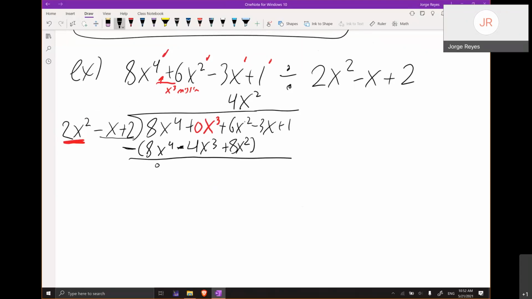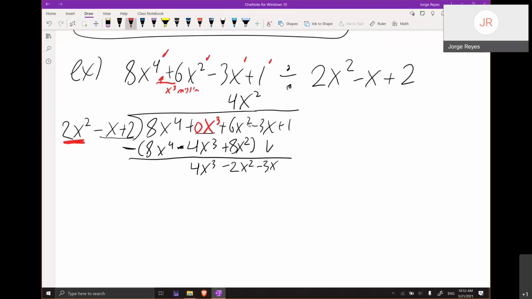Okay, so I'm not even going to write the 0. But you're gonna get 0 here, minus 4x cubed, so you're gonna get plus 4x cubed. And then 6 minus 8, that's gonna get you negative 2x squared. And then both of these just fall down. Okay, so step 1 done. I mean, the 1 doesn't have to fall down, I guess, but step 1 done.